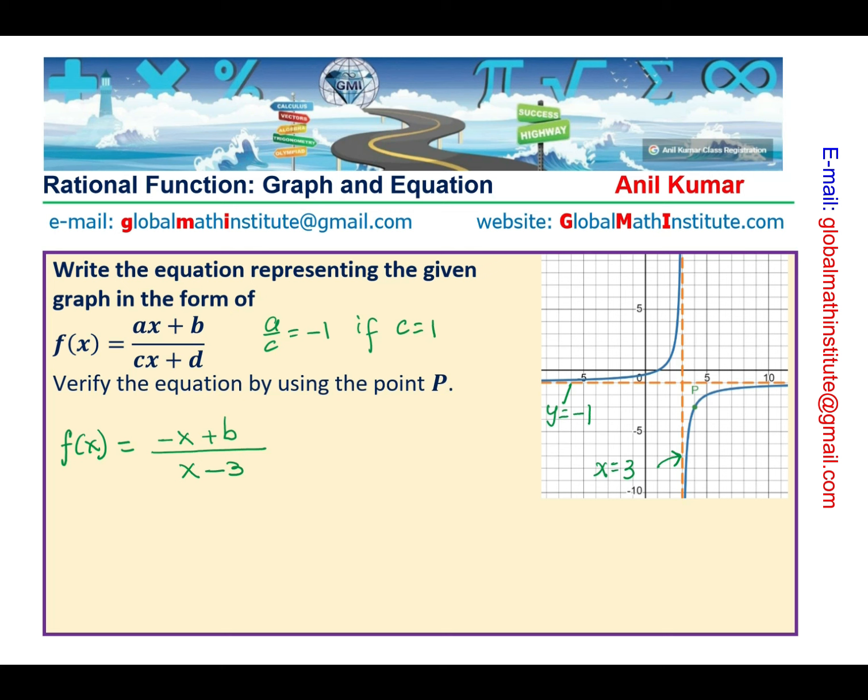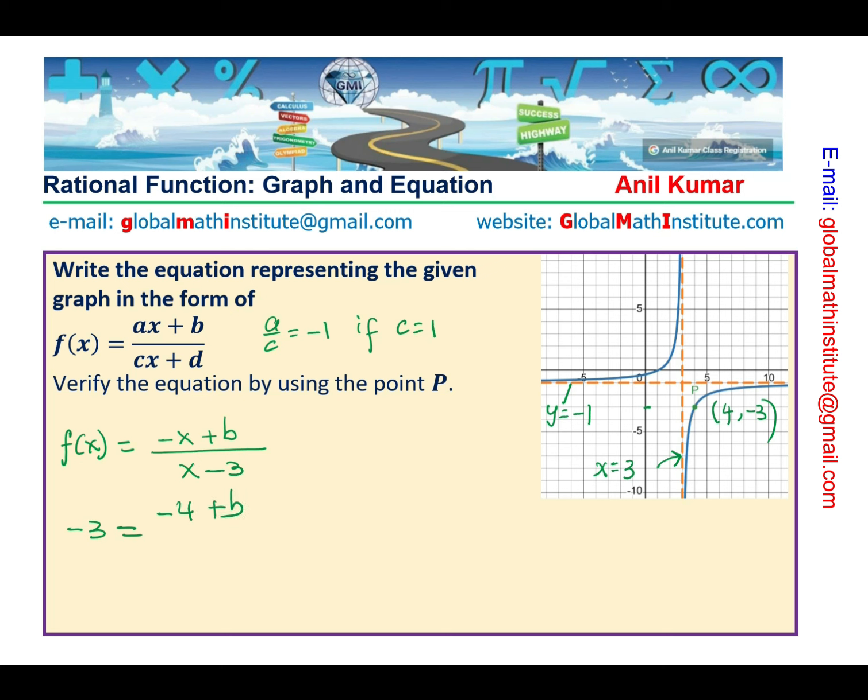Point P is given to us, and for the x value of 4, we have a value which is minus 3. So that should give you the value of b, right? That is one way of doing it. We can use minus 3 and 4 here to get the value of b. So minus 3 for f of x, and x is 4, so I'll write minus 4, correct?